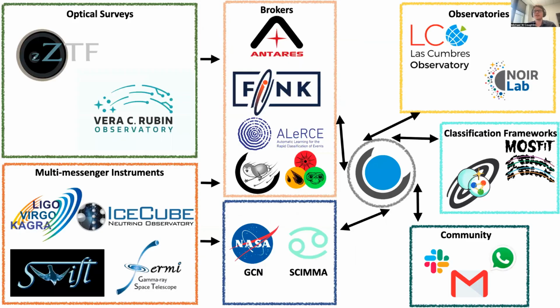And so I'll just highlight one figure from the article, which is this workflow figure that I like to show off, and it's the way that I really think about how SkyPortal fits within the community. Starting from the top left-hand side here, we have optical surveys.